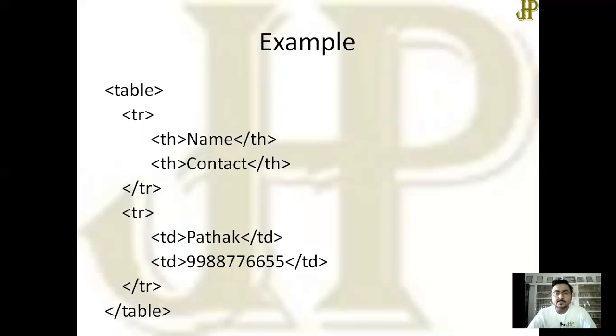And now my small table is ready to display on your web page. So this whole content should be kept in the body tag of the HTML file. Clear? I will give you the practical example after all my slides are completed.